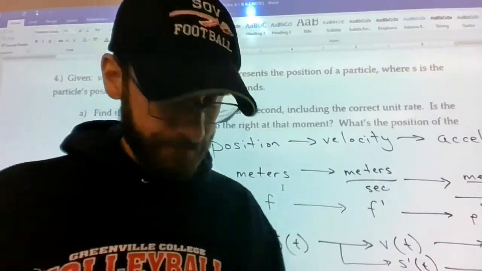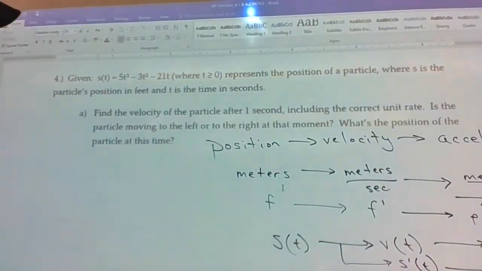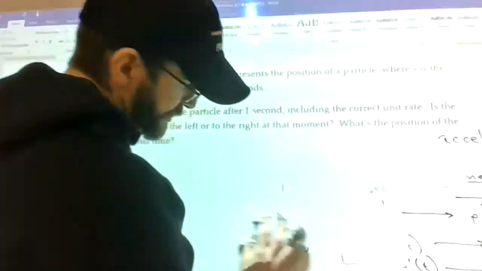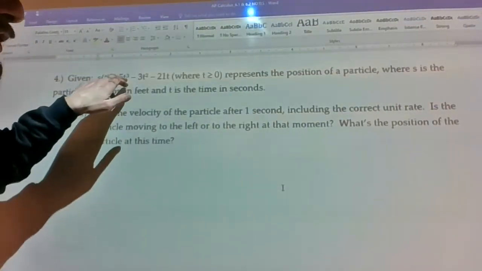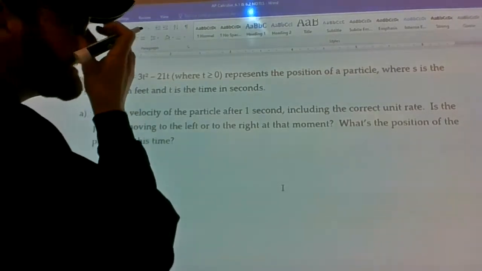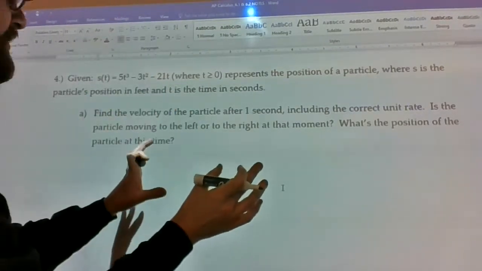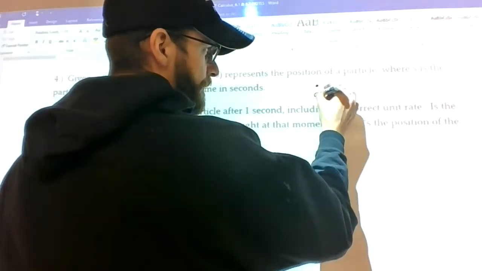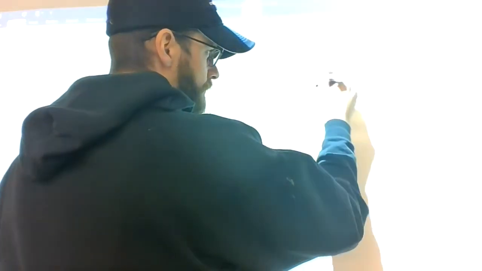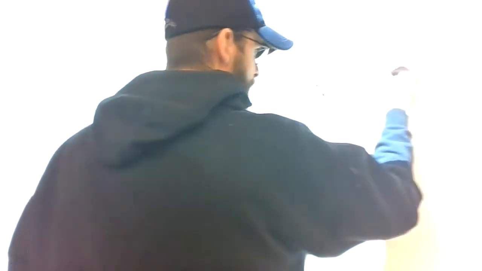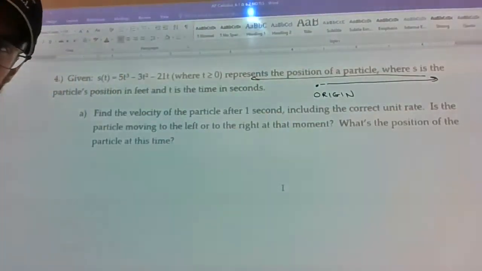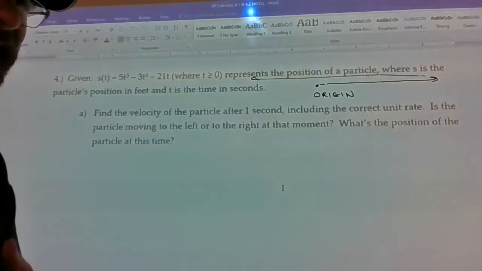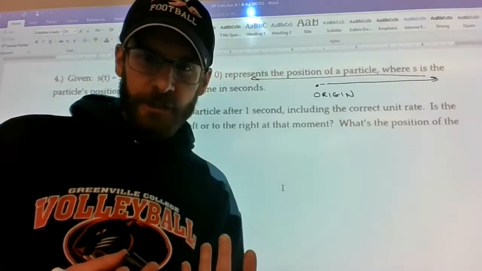With that in mind, can we make sense of this? You're given a position function. It looks like a cubic one. Let's say this position function is talking about an origin, and you're either moving away from the origin or moving towards it, which makes more sense in terms of driving a car.